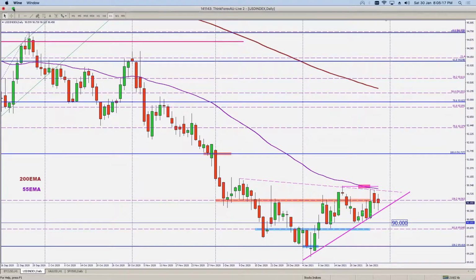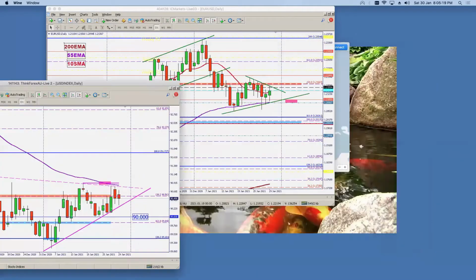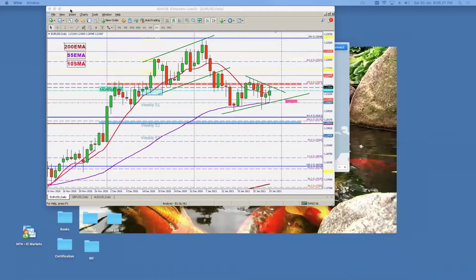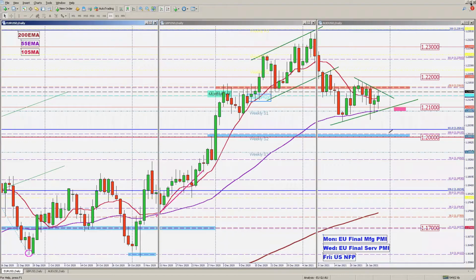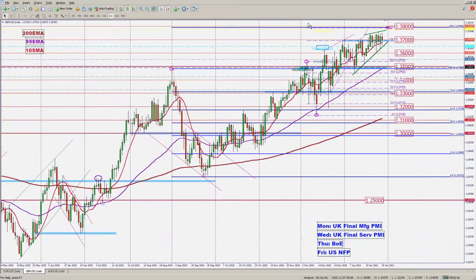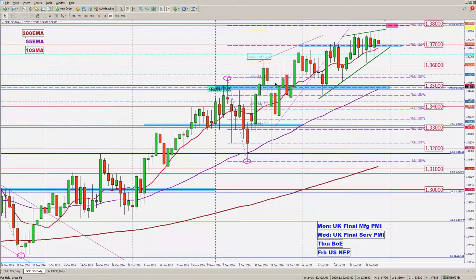All right, so let's go back to the cable. And the cable has been consolidating for the week, drifting up higher in an ascending wedge with higher lows.